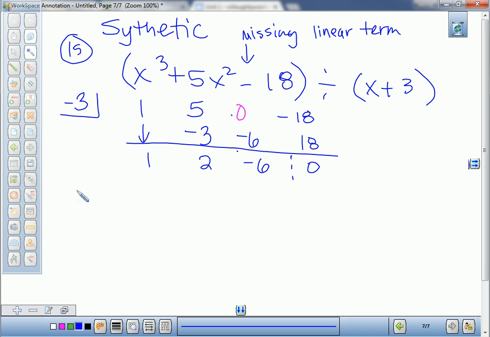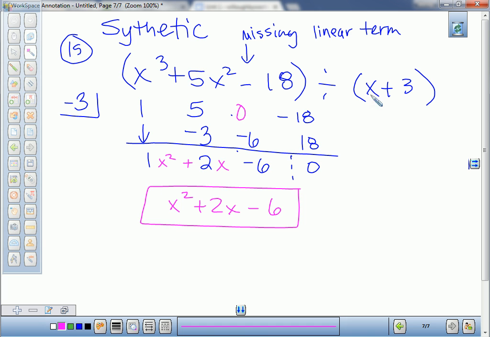This is not my answer. What is the answer when I plug back in the x's? The answer is x squared plus 2x minus 6. What does it tell me about x plus 3? It is a factor of the dividend.